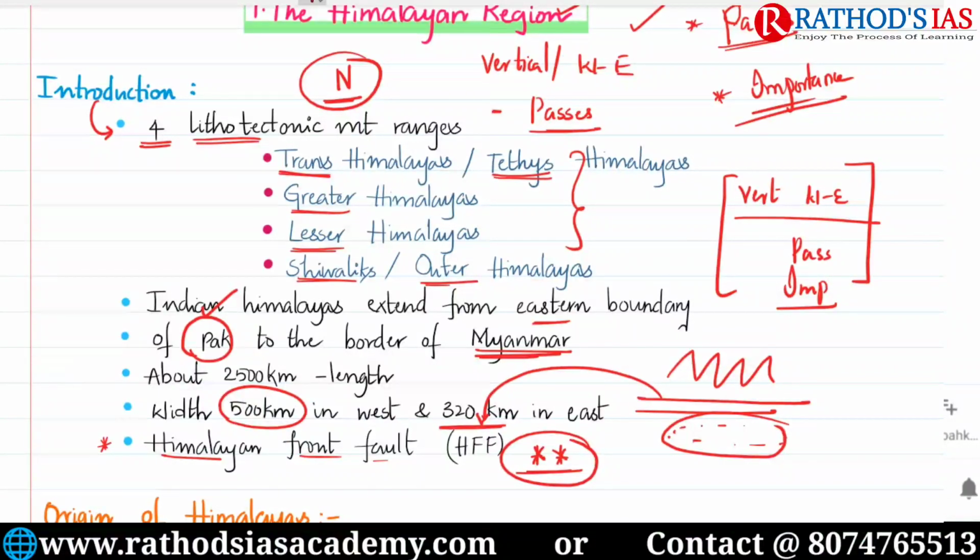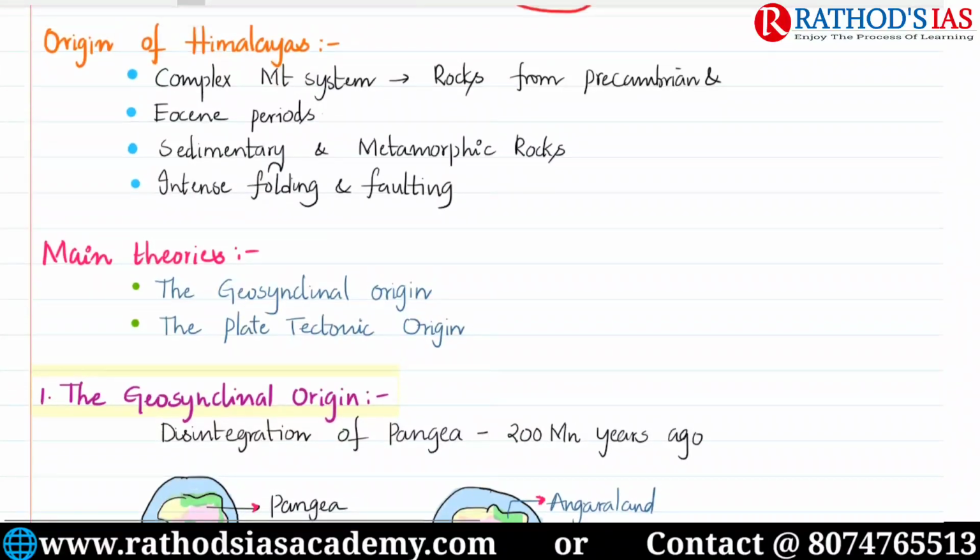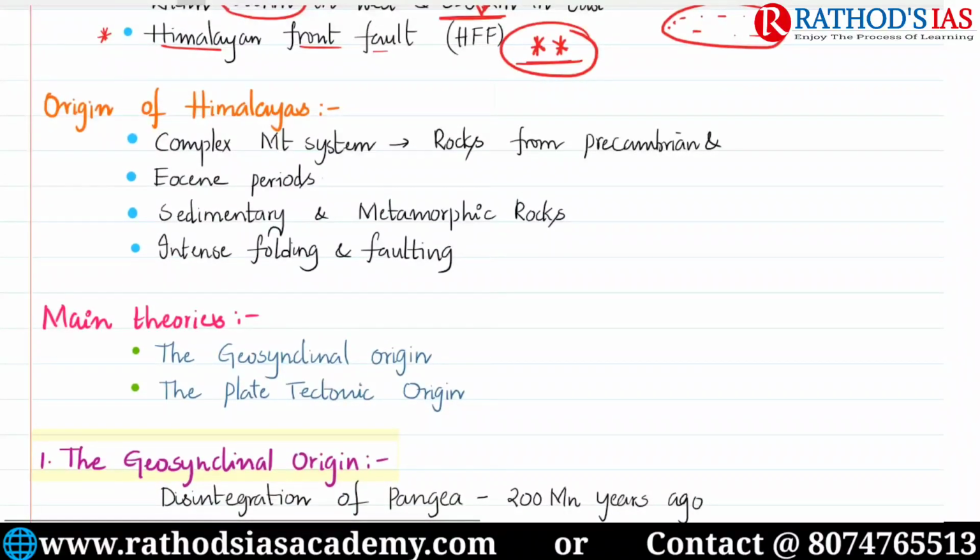Okay, so this is a brief introduction regarding the Himalayas. Now let us move on to the core topic, the origin of the Himalayas. How had the Himalayas originated? To understand this concept is the most complex.